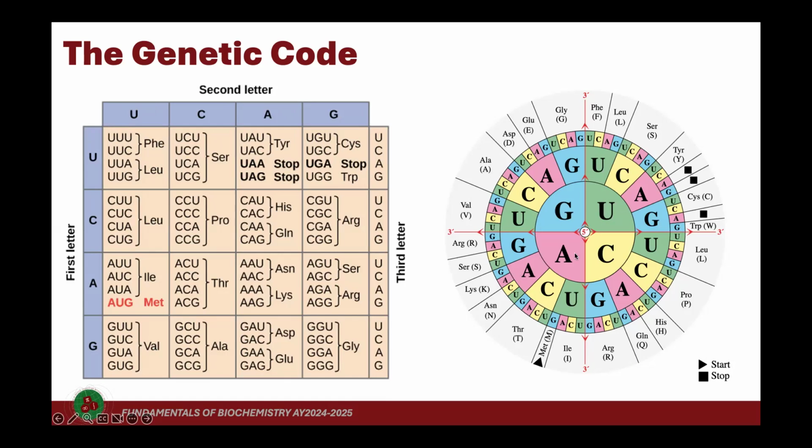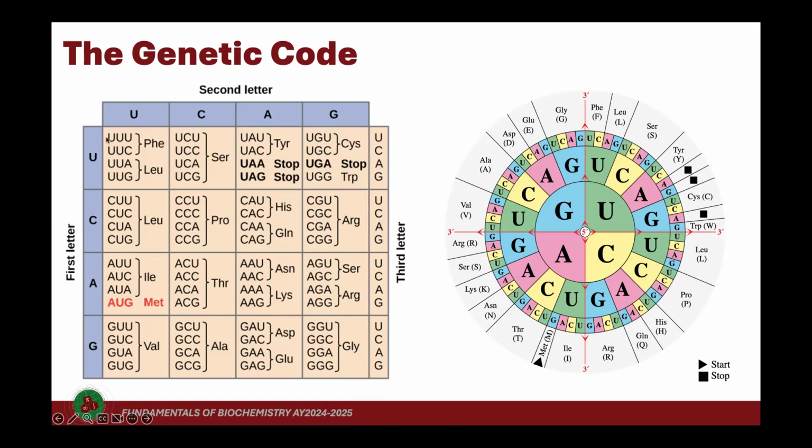So you have in the innermost circle, you have the first letter, and then you have the second letter in the second ring, and then in the outermost ring, you have the third letter, and then you have the corresponding amino acid.